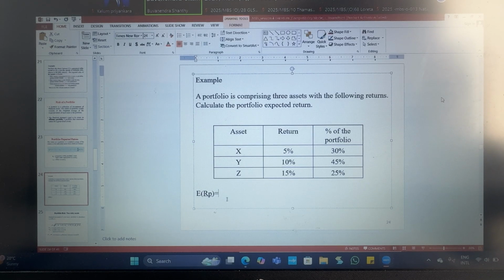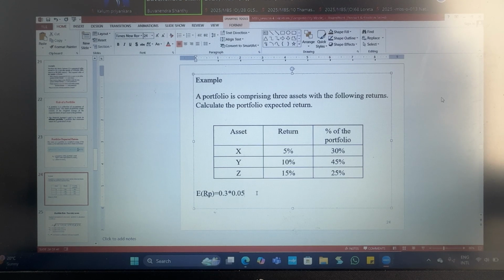So how can we calculate the expected return now? We take asset X, which has a weight of 0.3, since 30% is 0.3. Then the expected return is 0.05. We multiply the weight by the expected return.